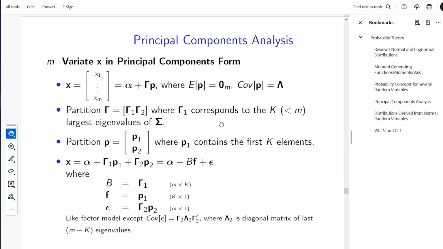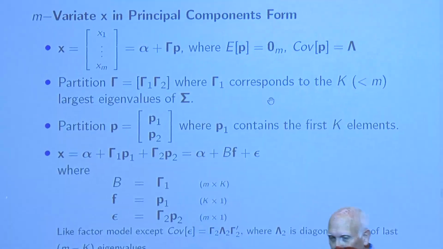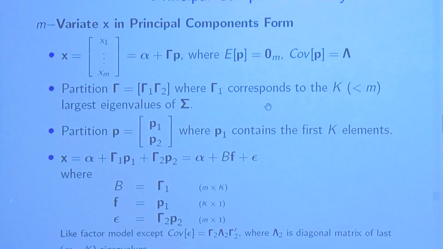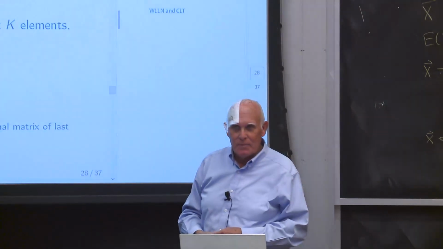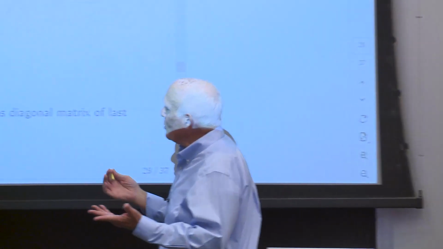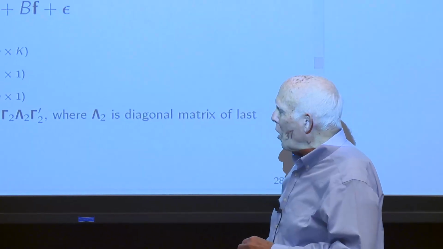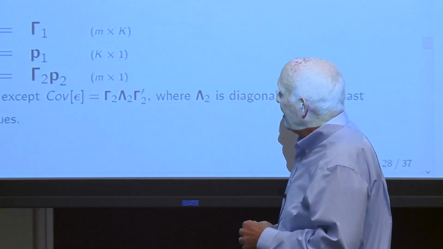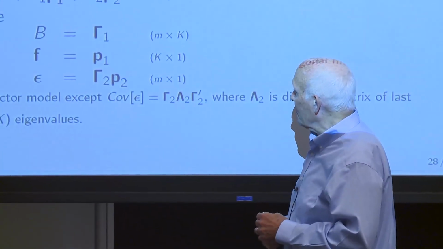If this were an effective model, it might be the case that the last m minus k principal component variables essentially have no important information in them. And so this could be a very simple model for our x variable.